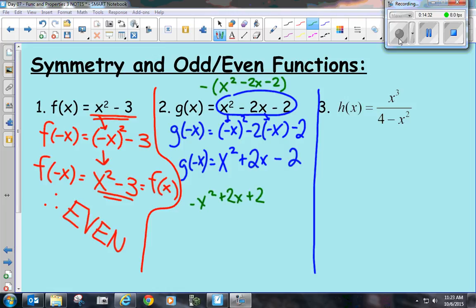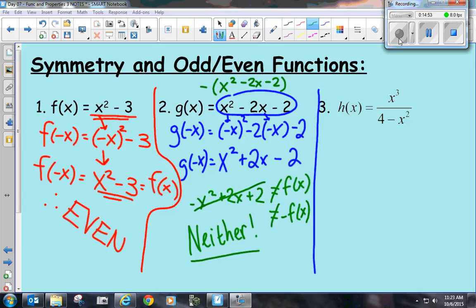Is that the same? No, it is not. It's not the same as this. So guess what? It is neither. Because it does not equal f of x, and it does not equal the negation of f of x. So it's neither.